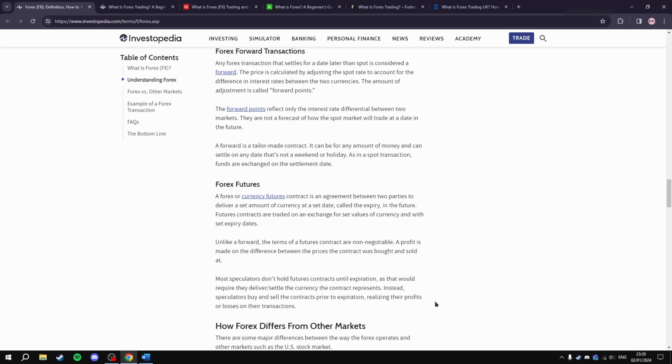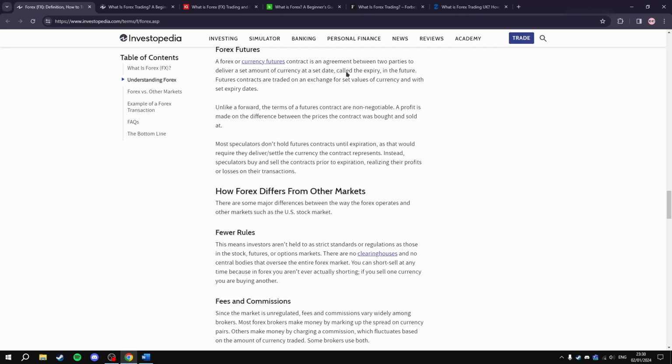A forward is a tailor-made contract. It can be for any amount of money and can be set on any date that's not a weekend. As in a spot transaction, the funds are exchanged on the settlement date.